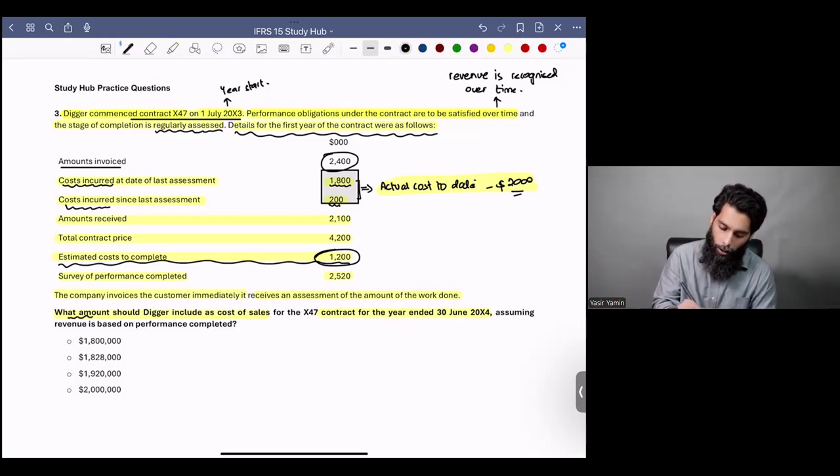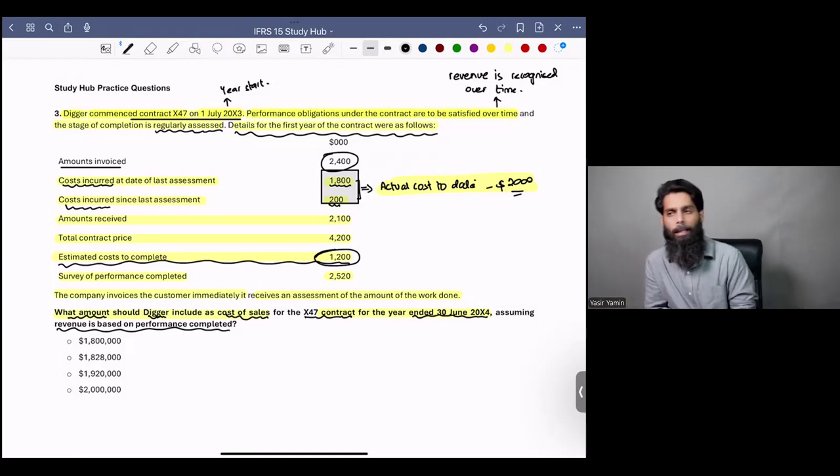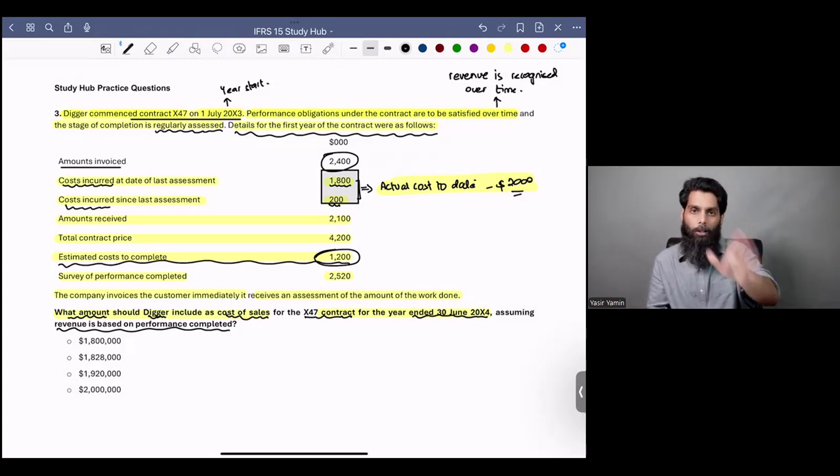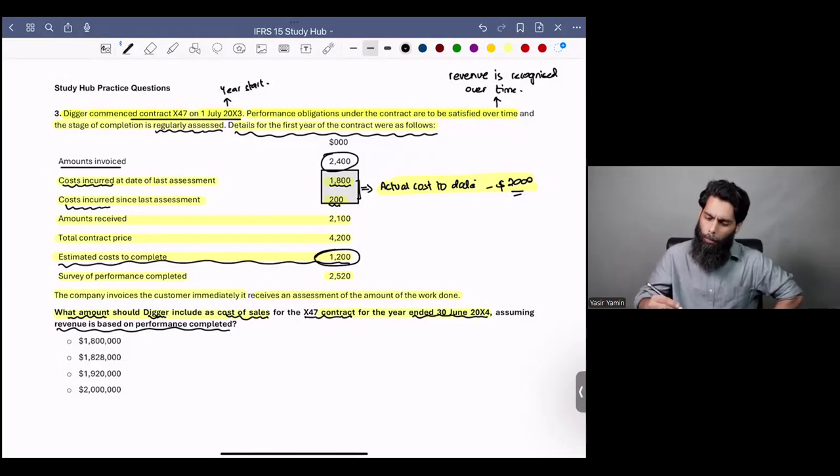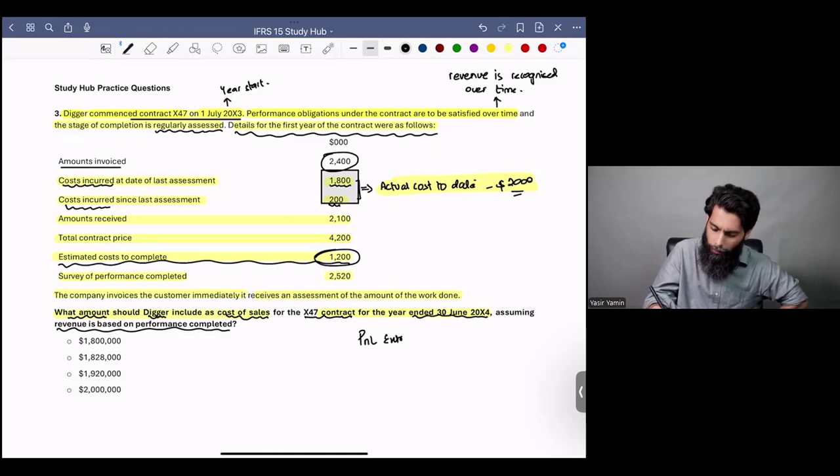What amount should Digger include as cost of sales for the X47 contract for the year ended 30th June X4, assuming revenue is based on performance completed? Can anybody tell me what should be the cost of sales being recognized in your P&L? You remember the format of P&L, guys?